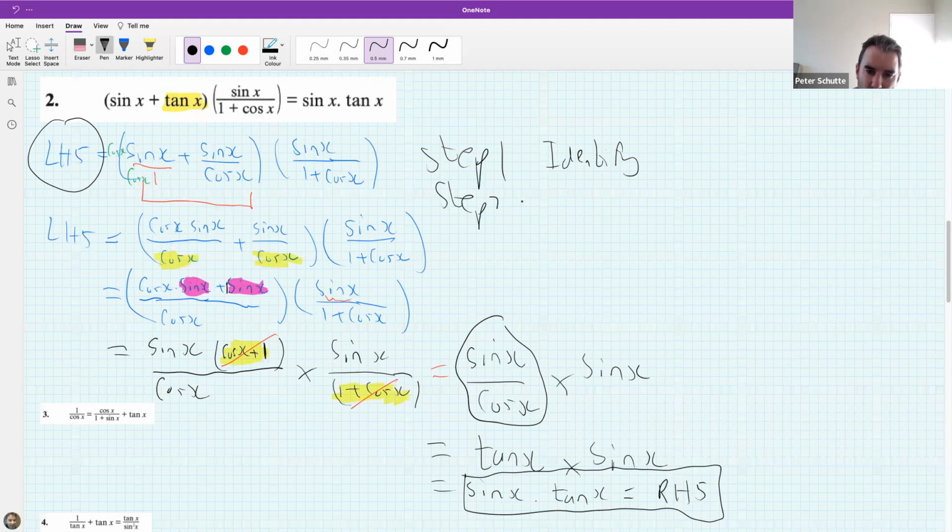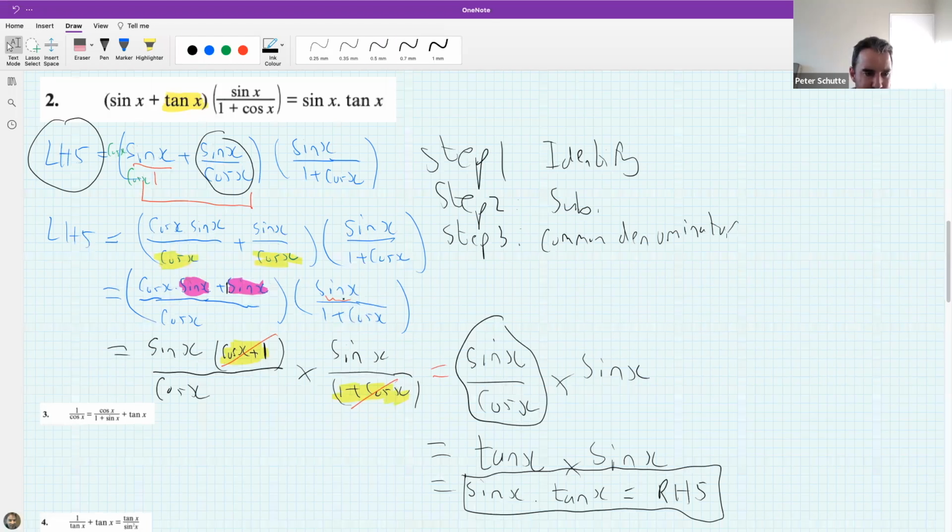Step 2 was to substitute. I substituted in for tan. Step 3 was using a common denominator, which was this bit of action around here.